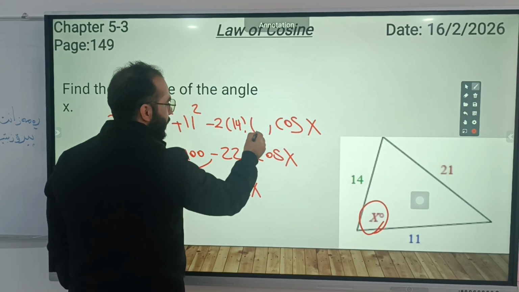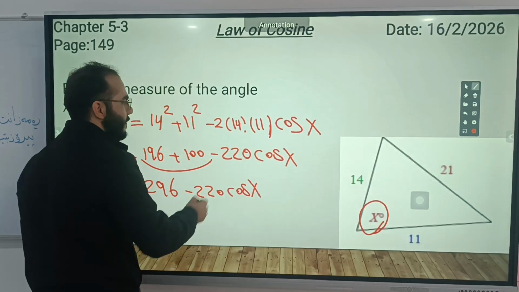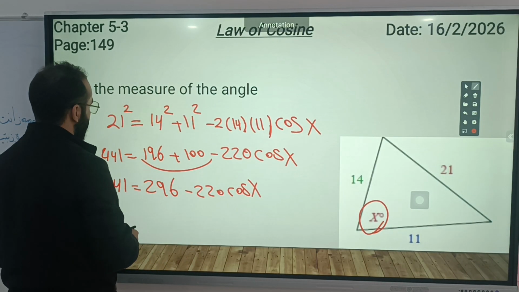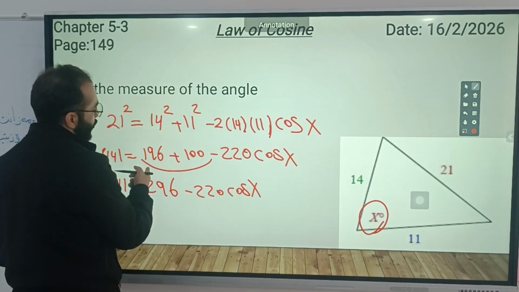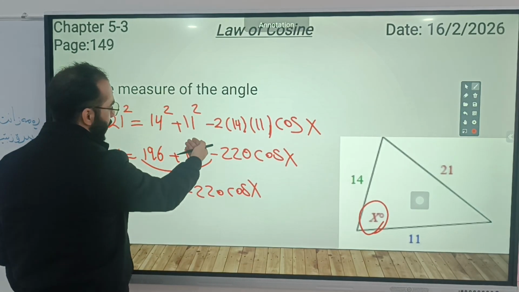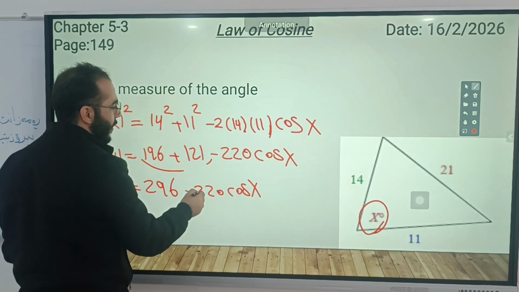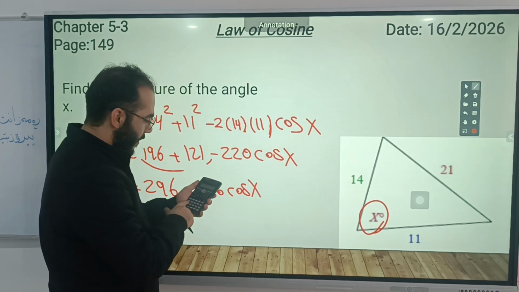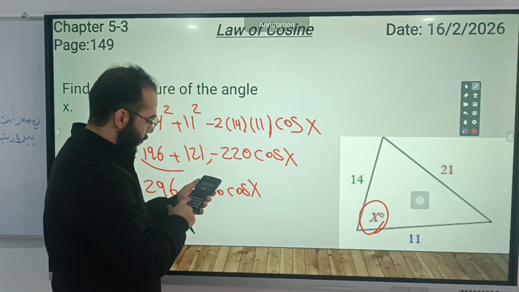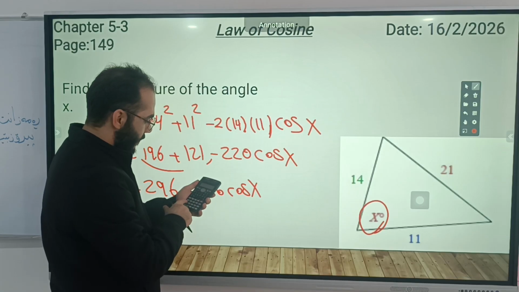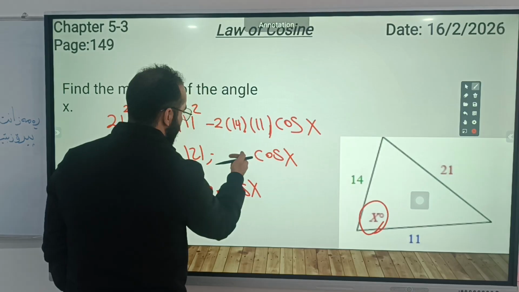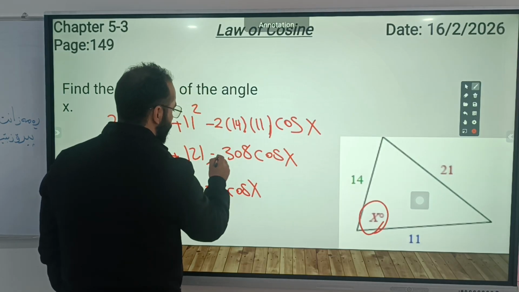Let me double check it again. 14 squared, 196, 11 squared, 121. 2 times 14 times 11, 308. So this one equals 308 cosine x.